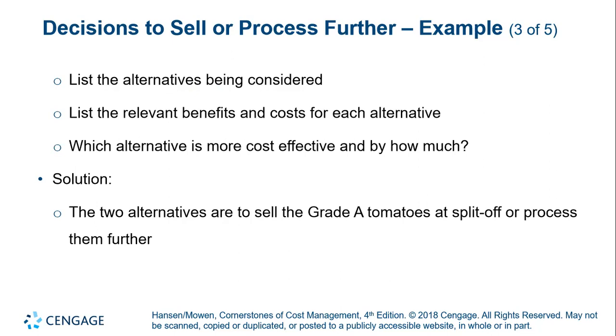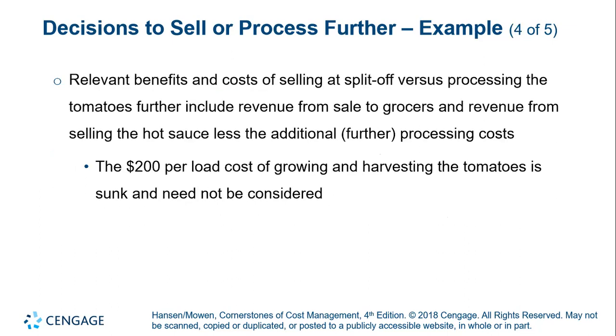List the alternatives being considered, the relevant benefits and costs for each alternative, and which is more cost effective and by how much. So the two alternatives are to sell the grade A tomatoes at split off or process them further. Decisions to sell or process further.